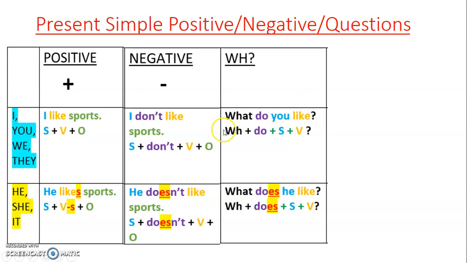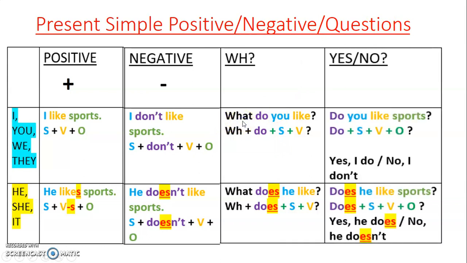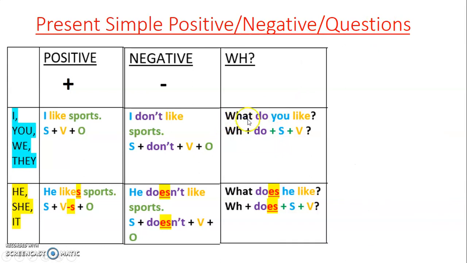Here you have the WH word, then you have the do, because with I, you, we, and they, we need to use do. Then you have you, which is your subject, and like is your verb. What do you like? I like sports.